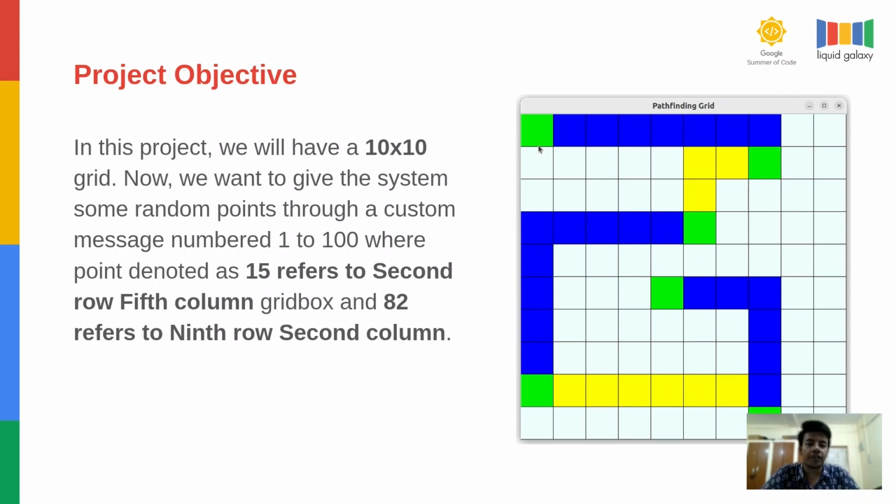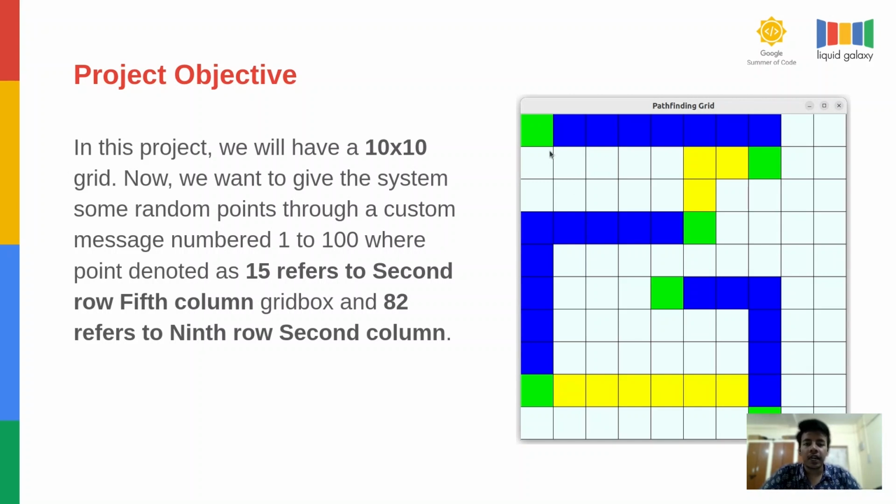Let's say where will 15 be here? This is 1, this is 10, this is 11, 12, 13, 14, 15. This is the 15th grid box. Where will 82 be? 82 will be in the ninth row: 1, 2, 3, 4, 5, 6, 7, 8, 9. Ninth row, second column: first, second. So 81 and this will be 82.